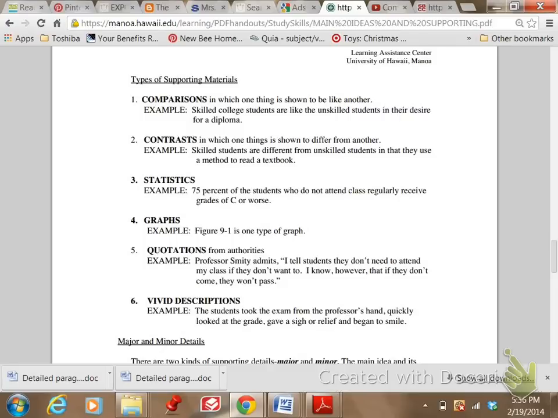I have an example here. The statistic: 75% of the students who do not attend class regularly receive grades of C or worse. Here you've got that percent, and numbers just make information clearer. So try to use numbers in your writing.